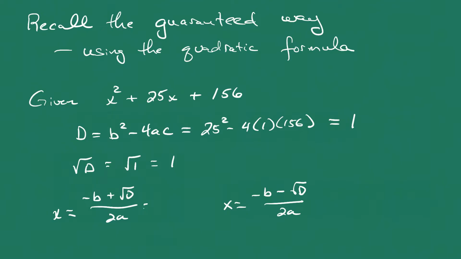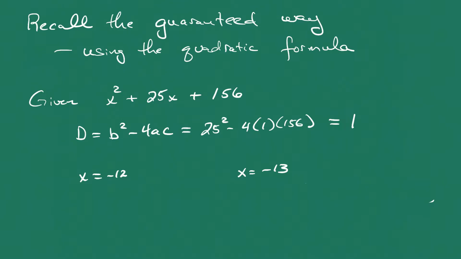In this case, this is going to give us negative 25 plus 1 over 2 times 1, which is going to give us one root of negative 12. And then for the other root, we have negative 25 minus 1 over 2 times 1, which is going to give us negative 26 over 2, or a negative 13.